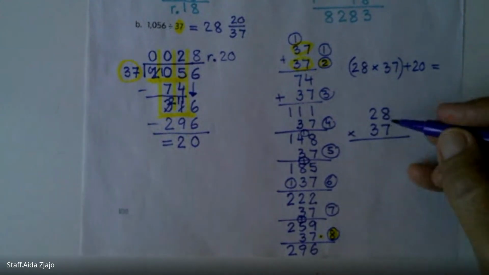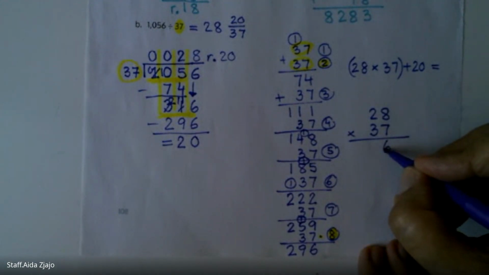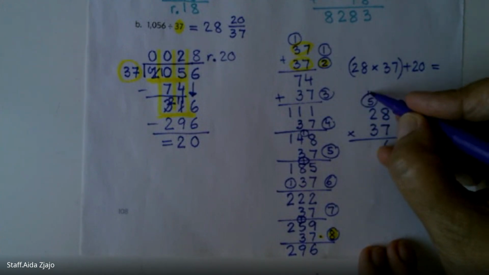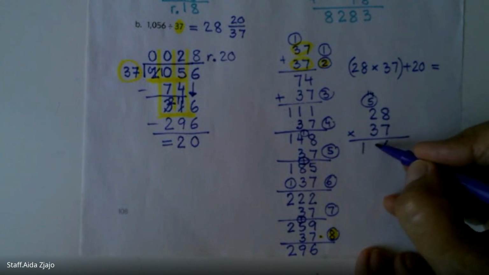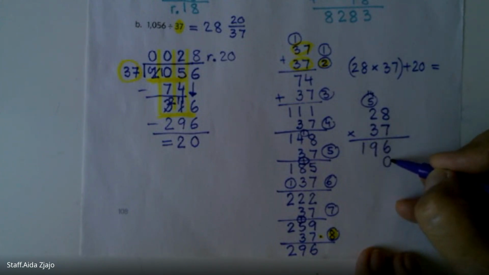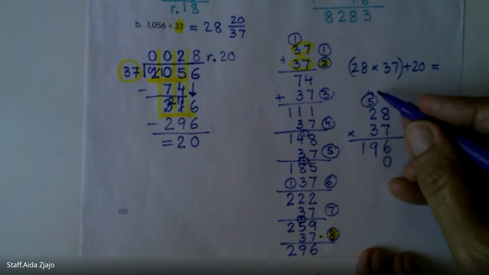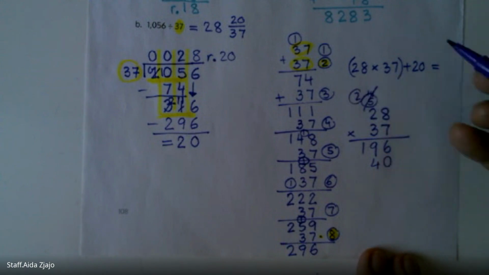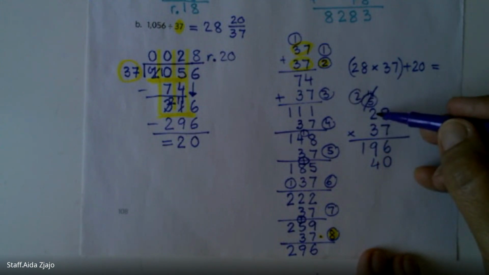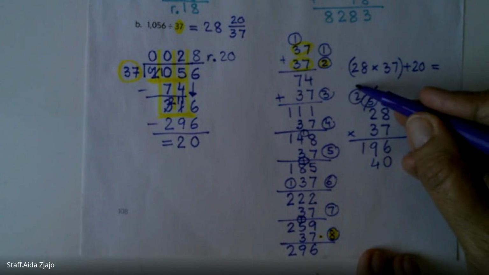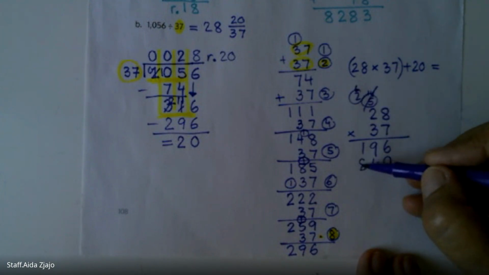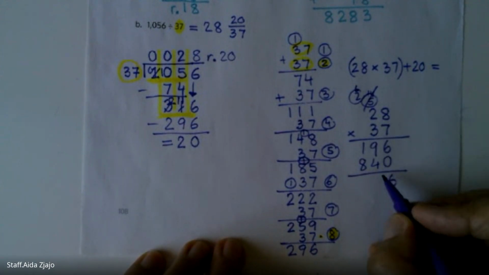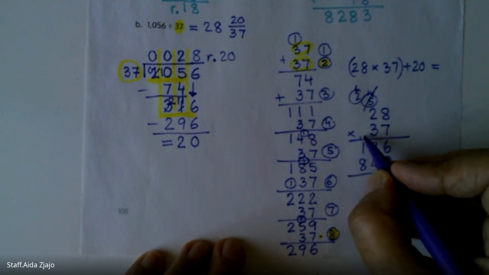7 times 8 is 56. Remember 5. 2 times 7 is 14 plus 5 is 19. Make 0. 3 times 8 is 24. 4, I remember 2. 3 times 2 is 6, plus 2 is 8. So that becomes 8, 13, remember 1.